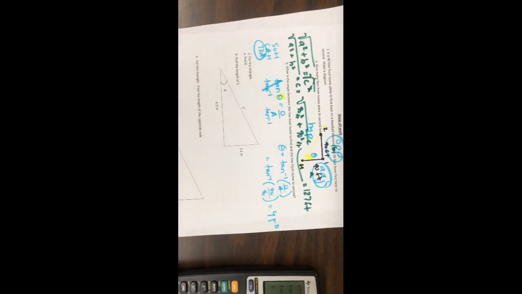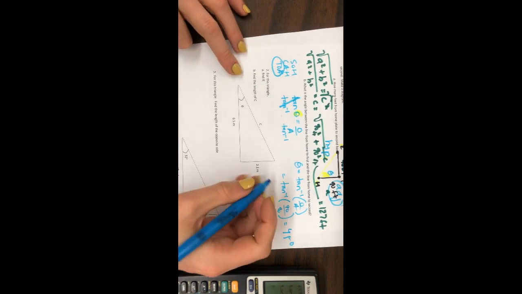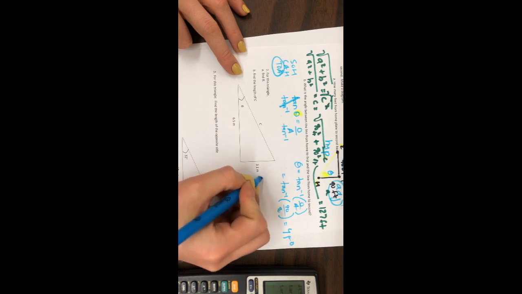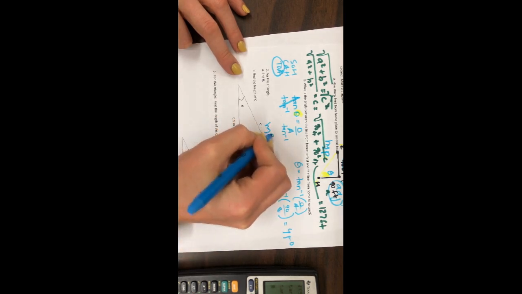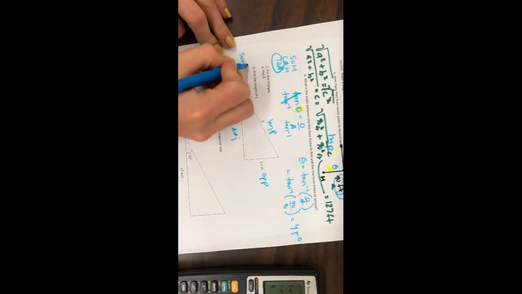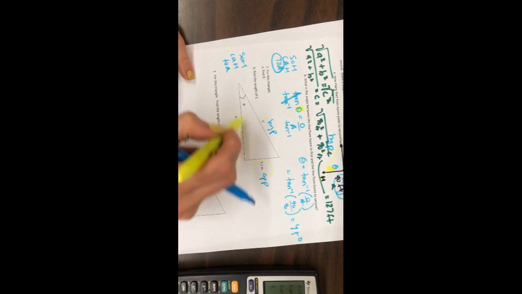Okay. Number 2, for this triangle, find theta. Find the length of C. Okay, first thing I do is label my sides. This is my opposite, this is my adjacent, this is my hypotenuse. I'm going to go ahead and write SOH CAH TOA. Okay, I have my opposite and my adjacent. I'm trying to find my angle.